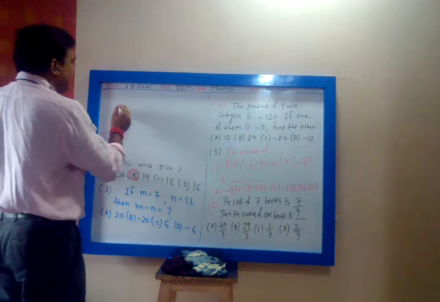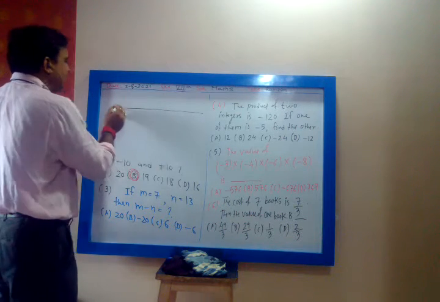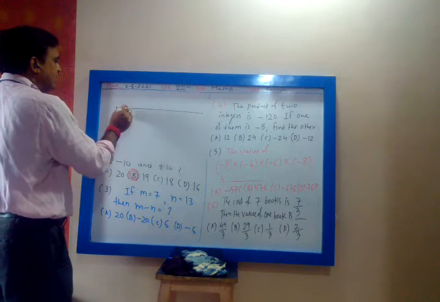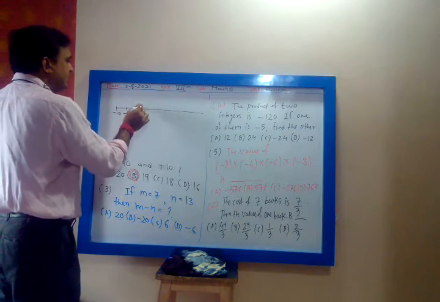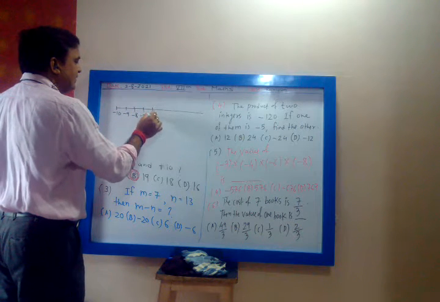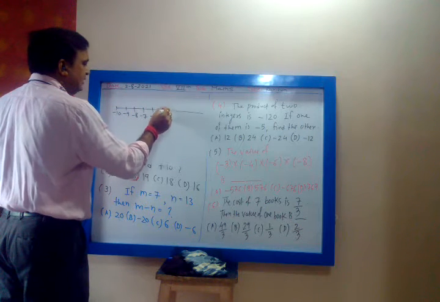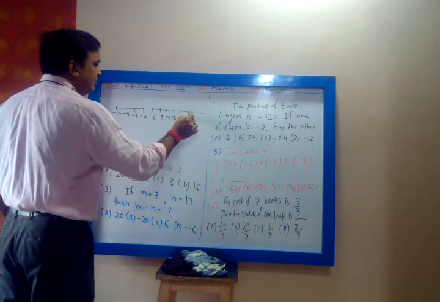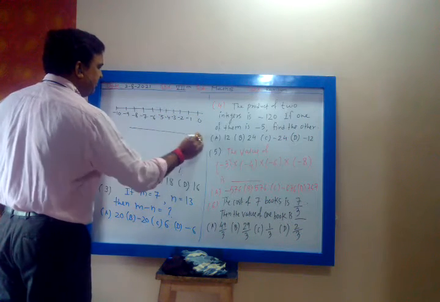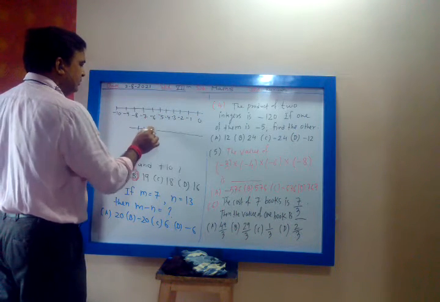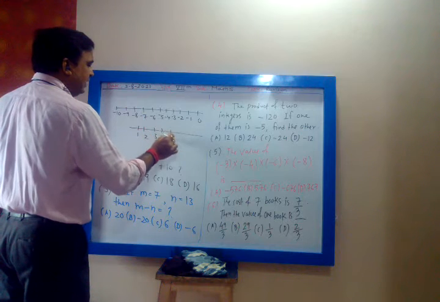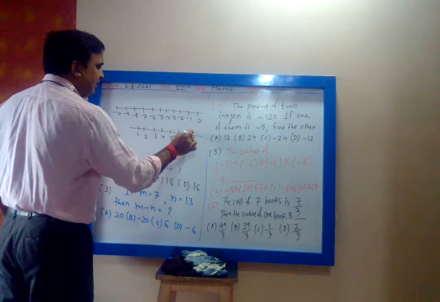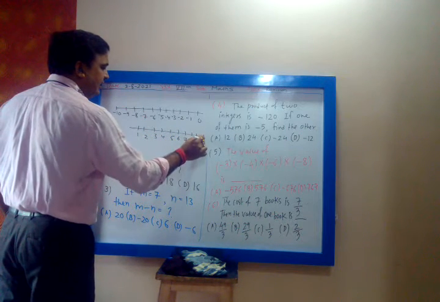So minus 10 to 10: minus 10, minus 9, minus 8, minus 7, minus 6, minus 5, minus 4, minus 3, minus 2, minus 1, 0, then 1, 2, 3, 4, 5, 6, 7, 8, 9 and 10.